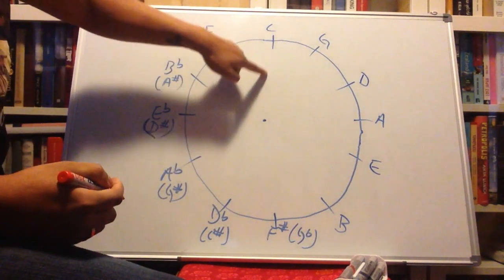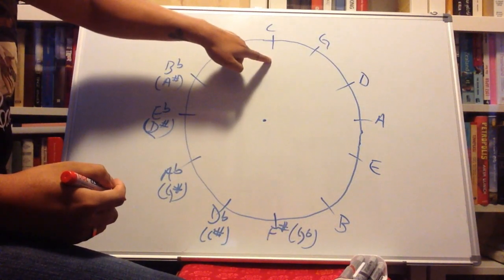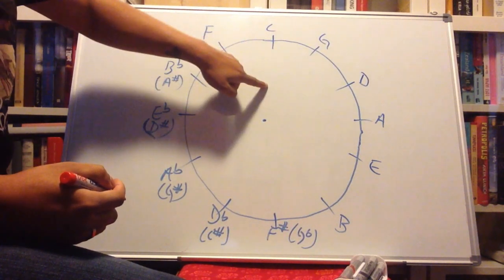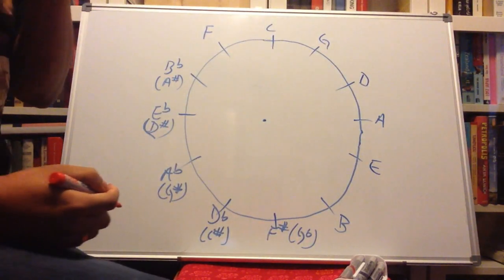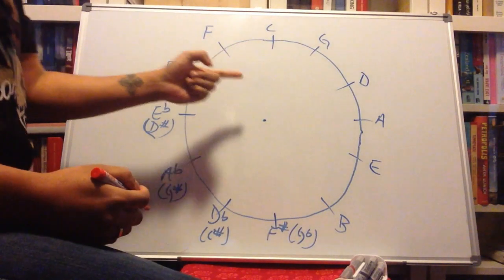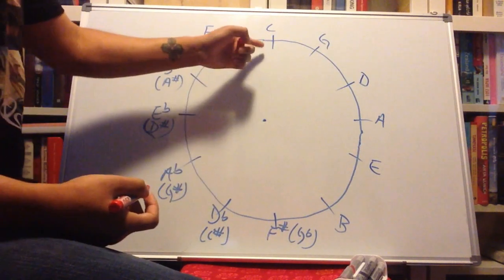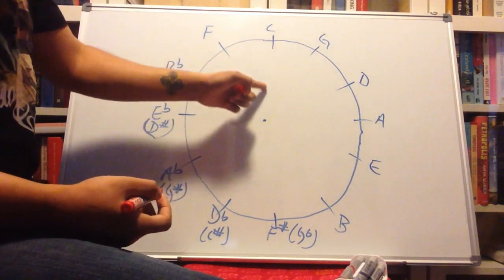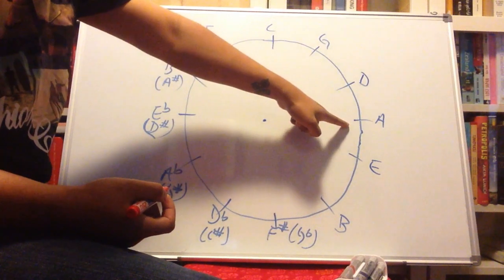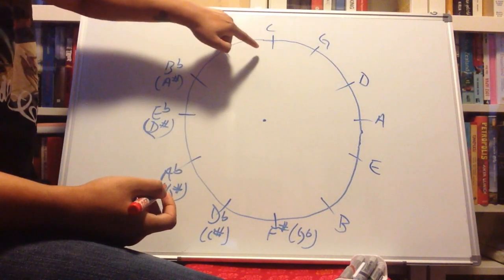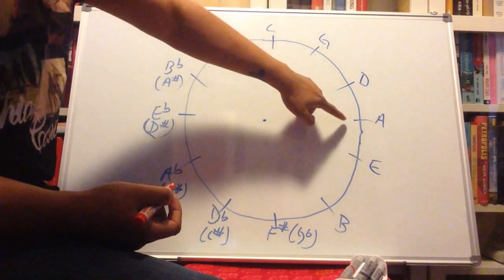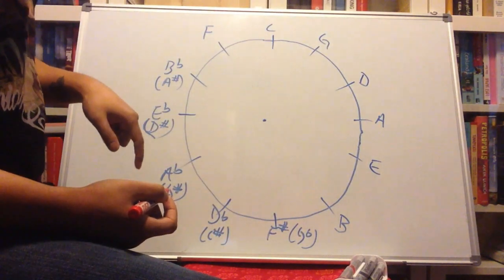As we know, for minor keys, I don't know if you're familiar with the relative minor. If you don't know, I will explain it in another video. But remember, for example, in the case of C, the relative minor would be A minor, right? Because in the major scale, A would be the 6th degree.